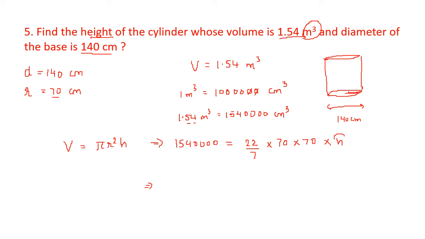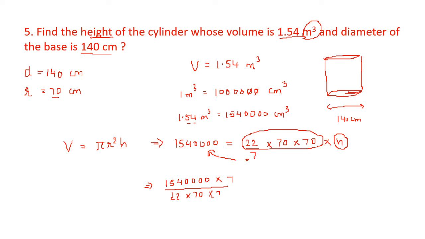Now since I have to find out the h, the 7 which is in division, I will take in multiplication, and all the numbers in multiplication I will take in division. So 1540000 into 7 upon 22 into 70 into 70 should give me the h.